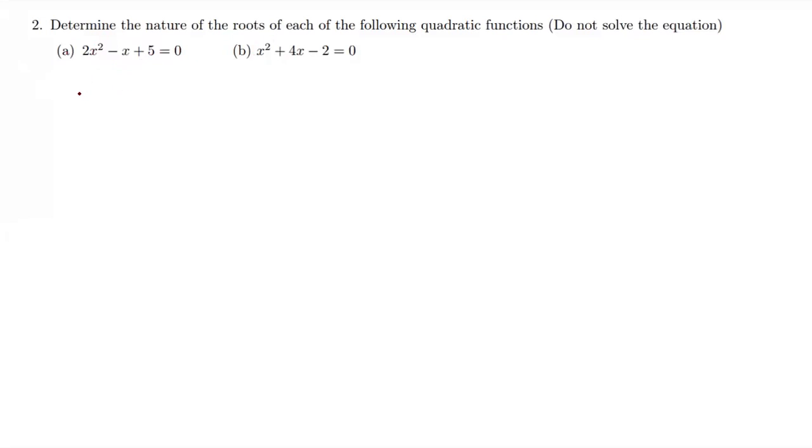When you want to find the kind of roots that any given quadratic function has, you first have to use what is called the discriminant. The discriminant is found under the root when you're solving a quadratic function.